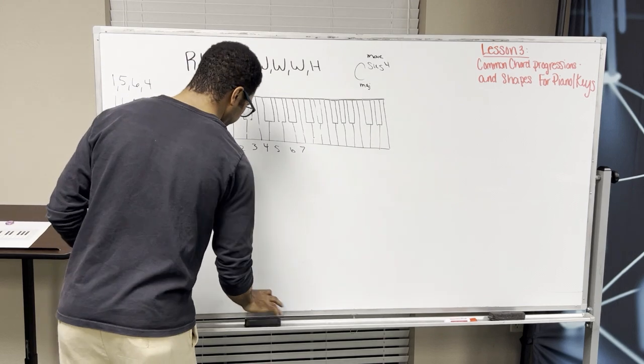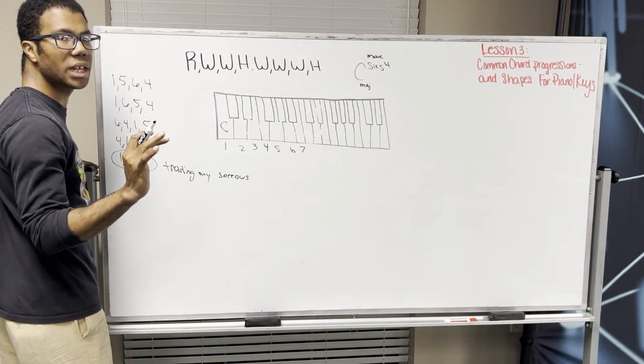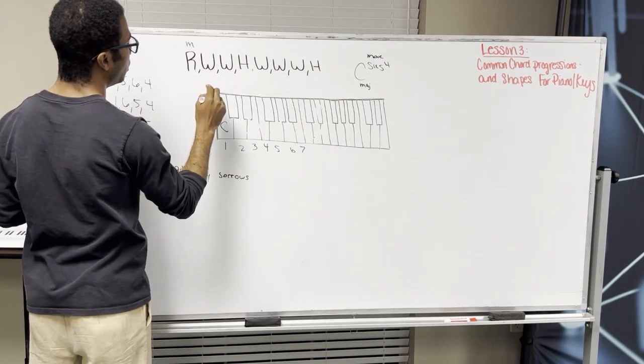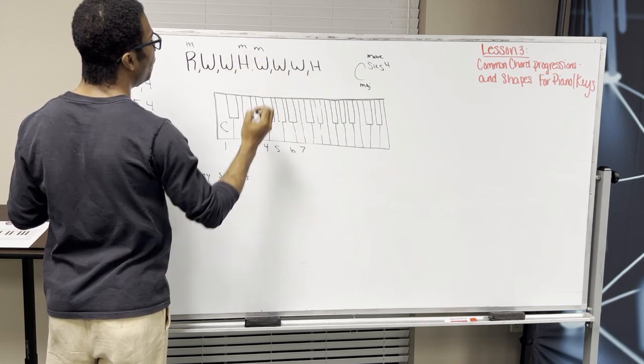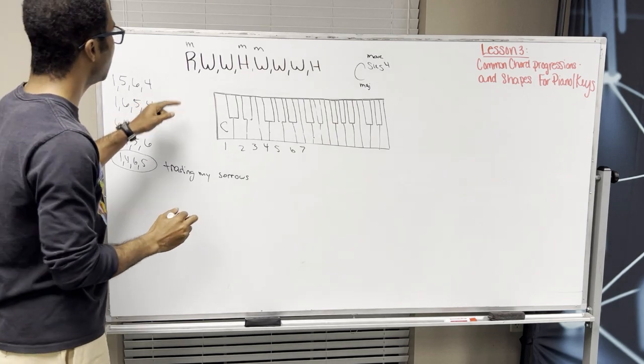We know right off the top of our head, in our major scale, our root, the 4th, and the 5th are all majors. So that is a 1.